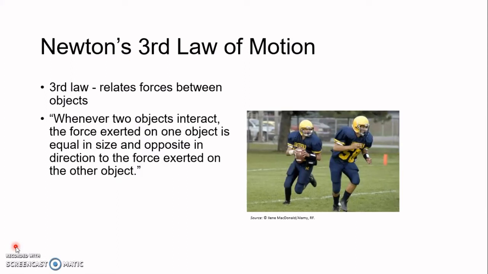They're not moving. Well, the offensive lineman is pushing the defensive tackle, and they're pushing each other with equal but opposite forces. The lineman is pushing the tackle, but the tackle is pushing the lineman, equal and opposite. And so since they are equal, the net force is going to be 0. They don't move.